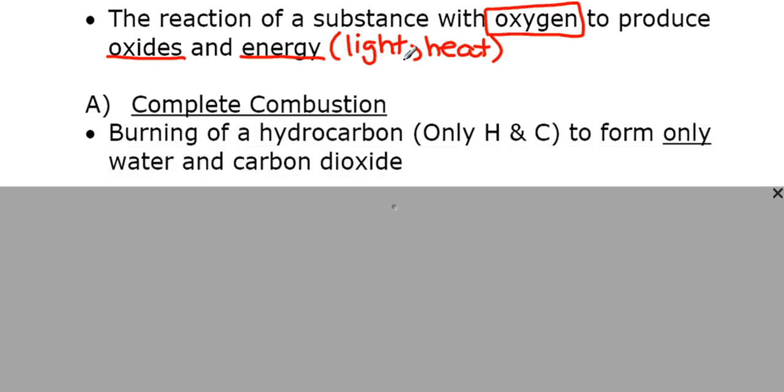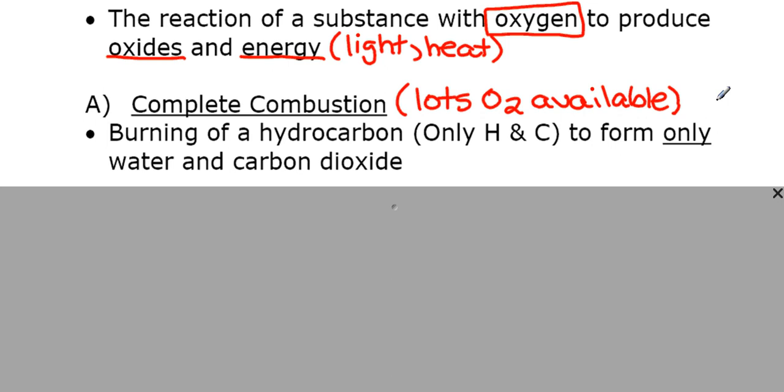Complete combustion, when you hear that term, it means that there's lots of oxygen available. So with lots of oxygen available, the burning will keep going and going until all of the other reactant is used up.